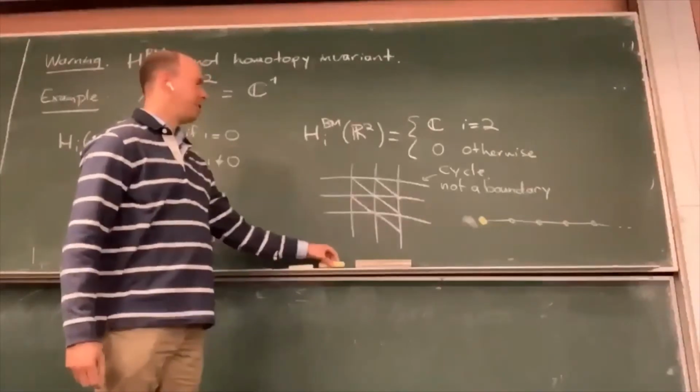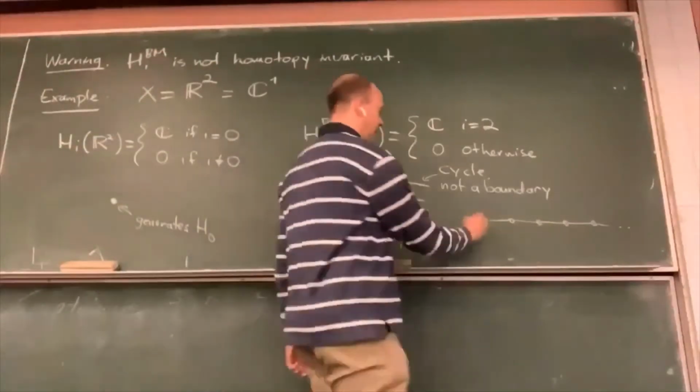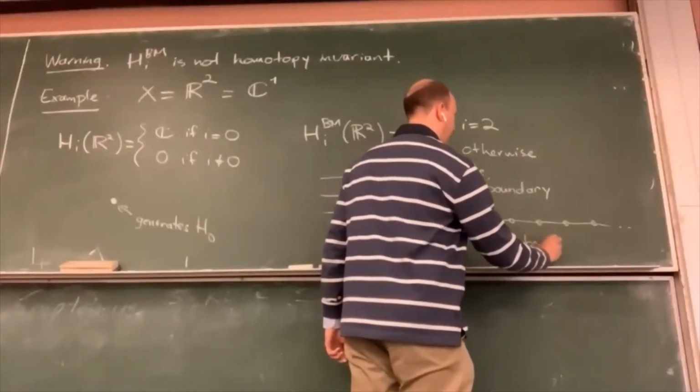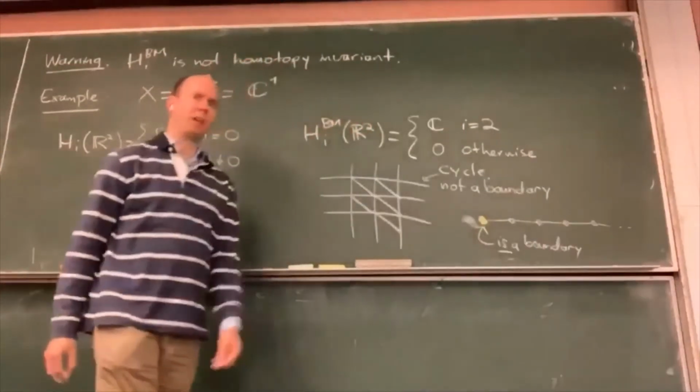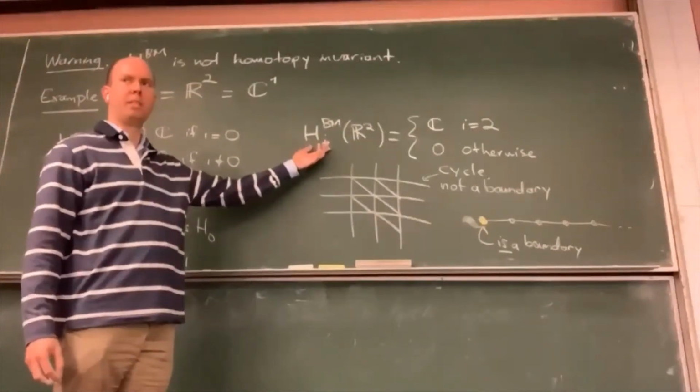Since that's allowed in Borel-Moore homology, a point suddenly becomes a boundary. So that's why H0 in Borel-Moore homology is 0.